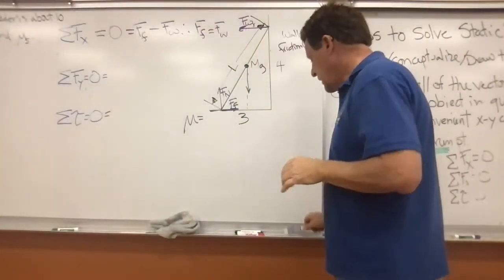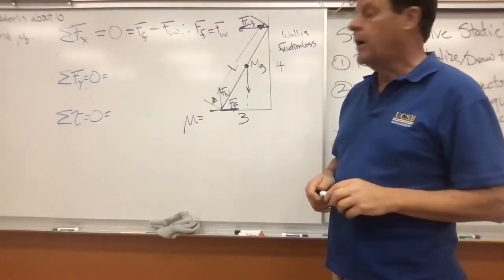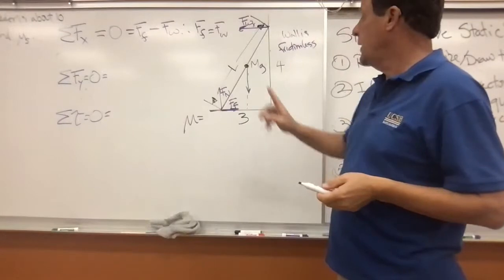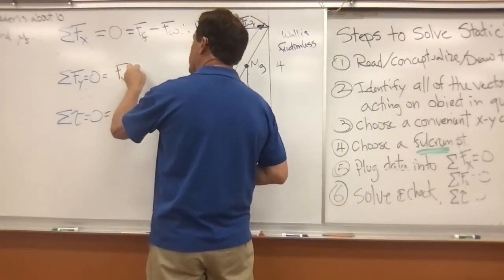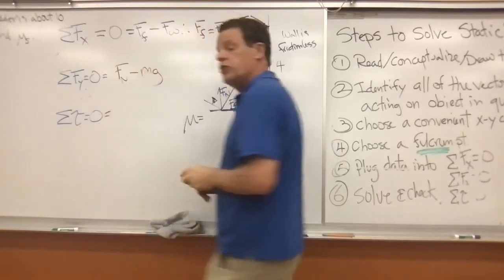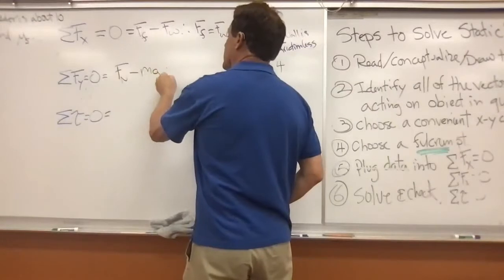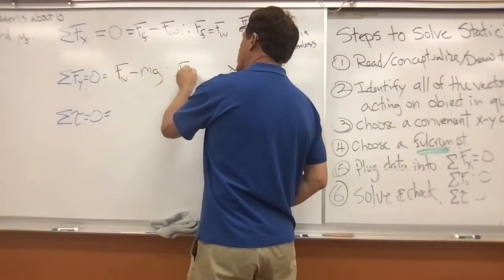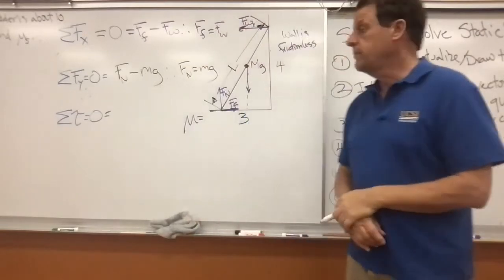Now we're going to do the sum of the forces in the y. We've got our normal force going up minus mg going down, equal to 0. Therefore, the normal force is equal to mg.